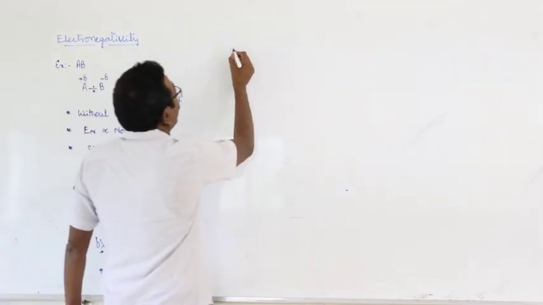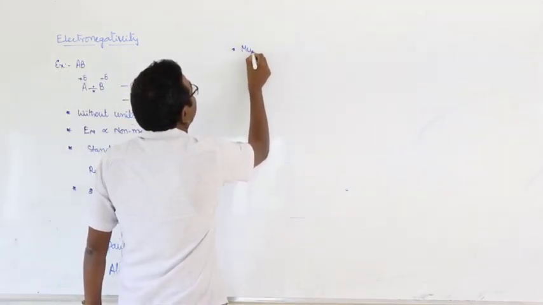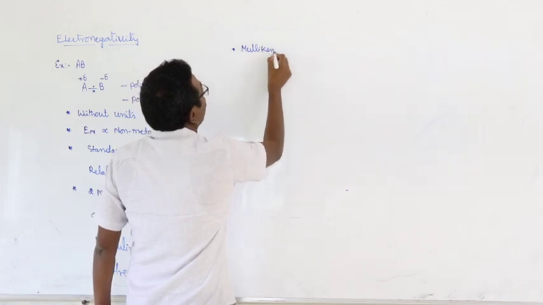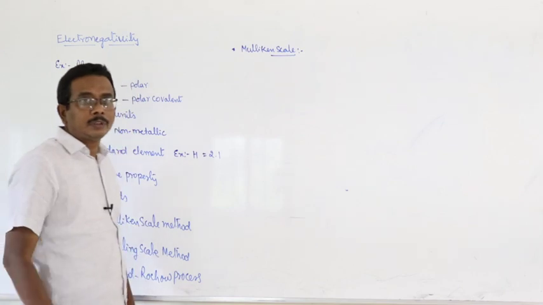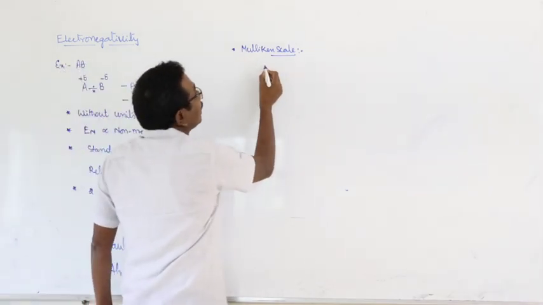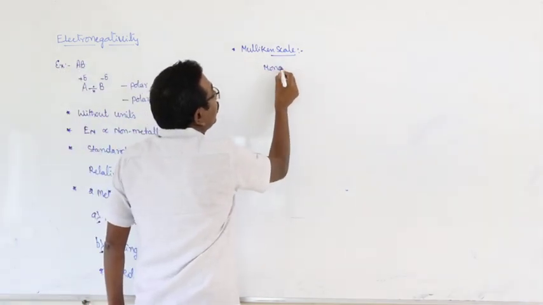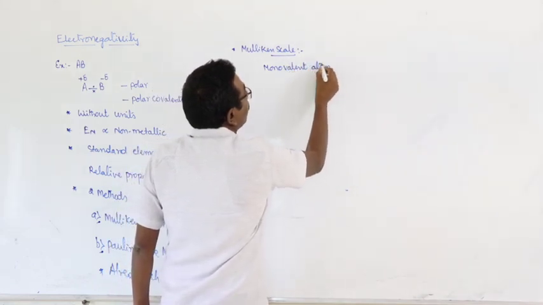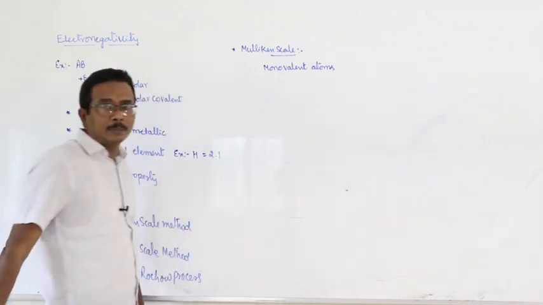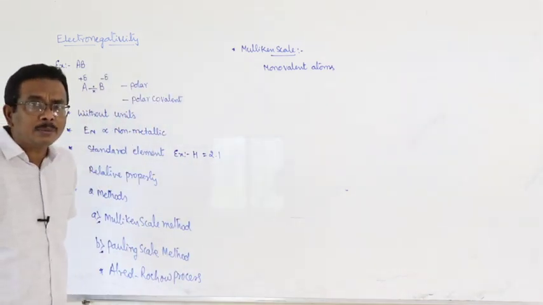Right. What about the details of the Mulliken scale method? The Mulliken scale method is applicable for only monovalent atoms. What is the sense of monovalent atoms?